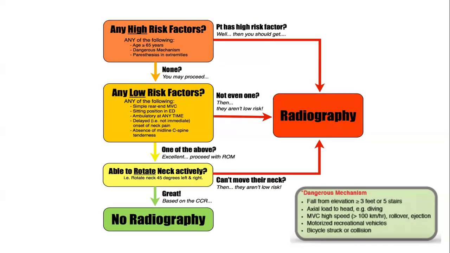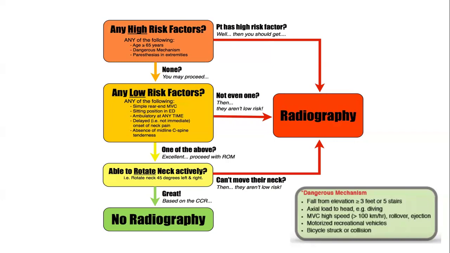Okay, so now the patient has age more than 65 and he has a dangerous mechanism of injury, so he has high risk. So we have to do a radiology CT scan for him immediately. Okay, so we have to exclude low risk factors.